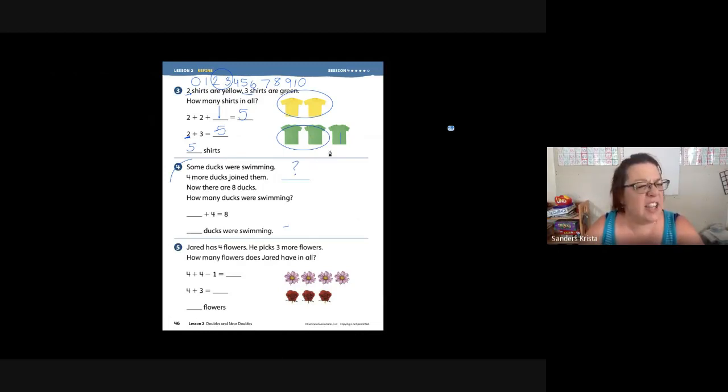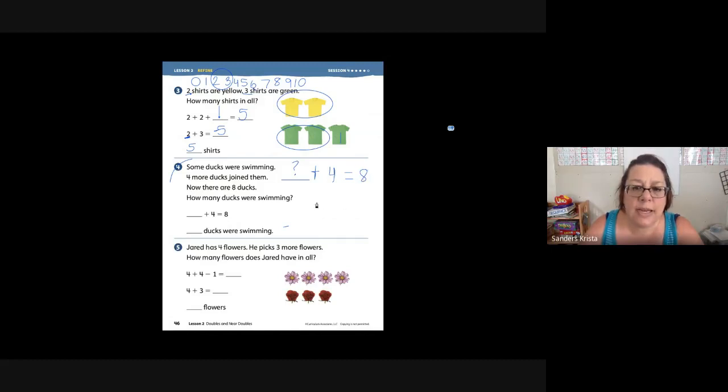Oh, did they go away? No, they came. Now there are 8 ducks. Oh, so at the end, there are 8. How many were swimming? So there were some here, and then 4 more came, and now there is a total of 8.